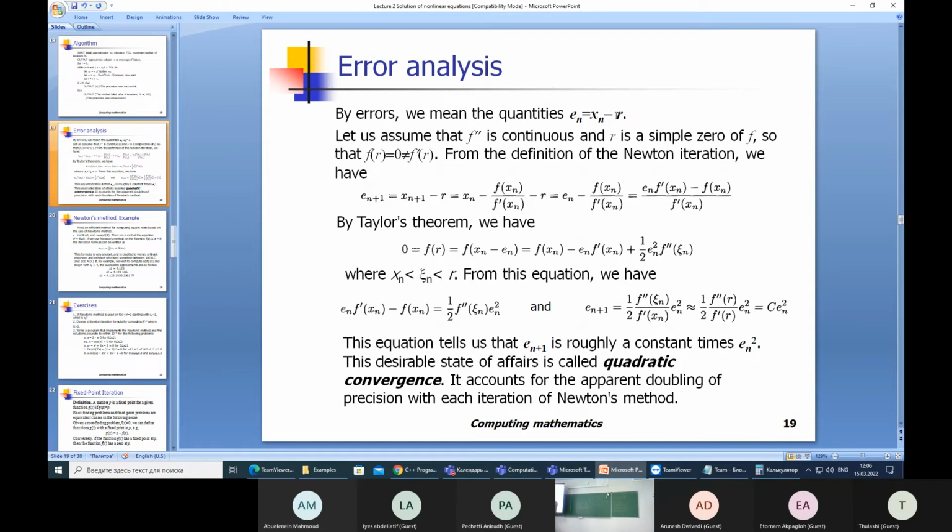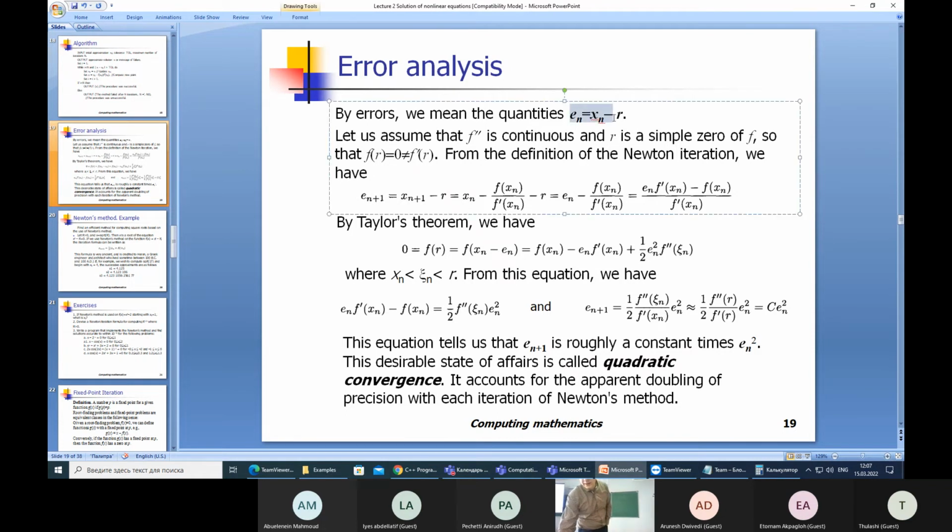In the bisection method, you remember that we take 1/2 of the interval at each step, and the error becomes twice smaller at each iteration. In Newton's method, we can also estimate the error as the difference between the point xn and the real root r.